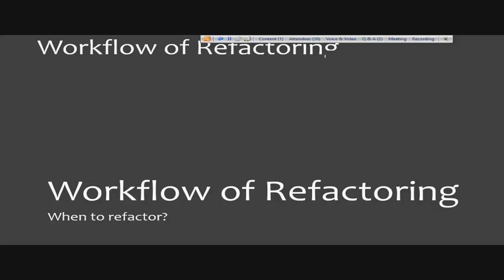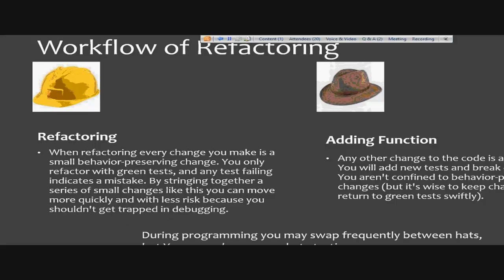Workflow of refactoring. Before even going to when we can improve these things, we need to understand the nature of our code modifications, or what happens when we touch the code. The source of this slide is one of Martin Fowler's presentations.